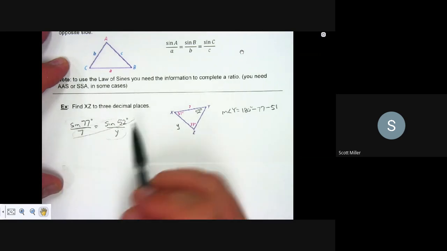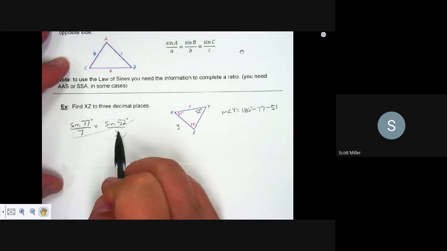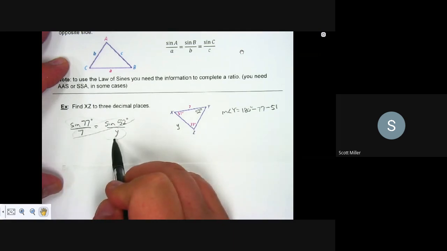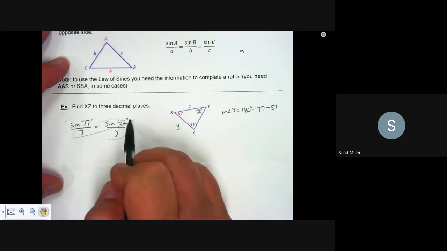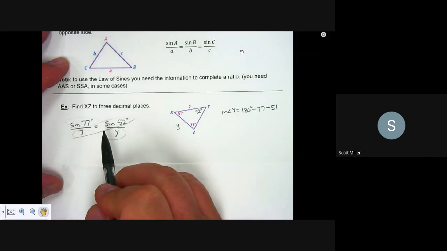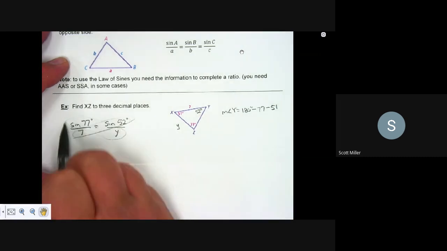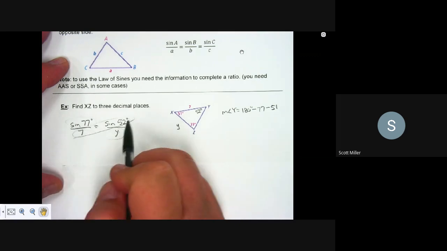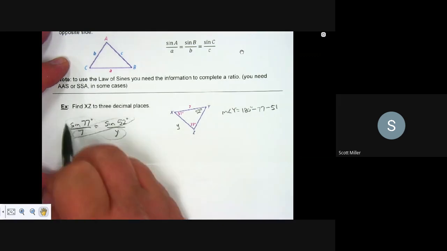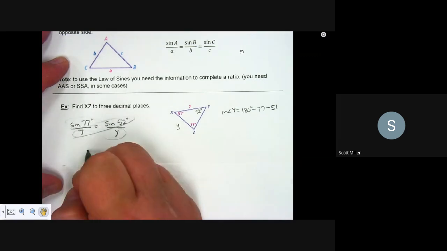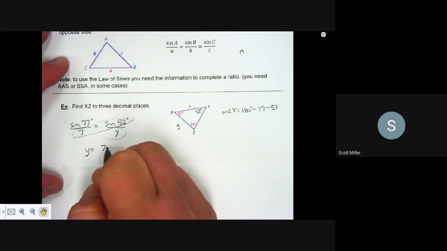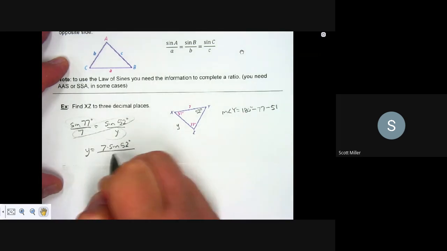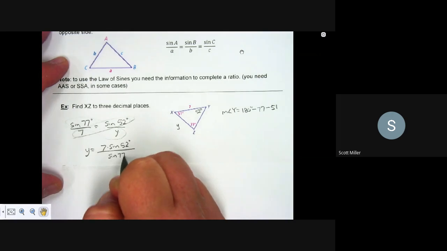So what I usually tell students is, as long as there are 4 spaces and only one space has the y, you multiply the diagonal that has no variable and then divide by the third value. So multiply this diagonal, because there's no y there, and then divide by the third value. And you get y equals 7 times the sine of 52 degrees divided by the sine of 77 degrees.